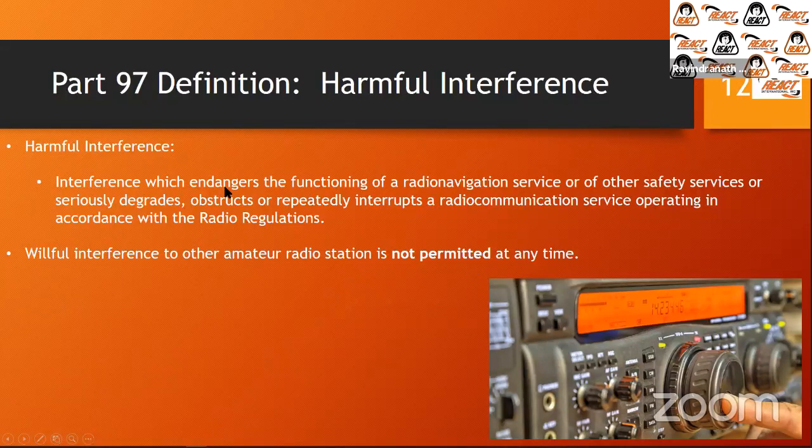It's interference which endangers the functioning of a radio navigation service or of other safety services, or seriously degrades, obstructs, or repeatedly interrupts a radio communication service operating in accordance with the radio regulations, right? And note that willful interference to other amateur radio stations is not permitted at any time, all right? So just be mindful of what harmful interference is.